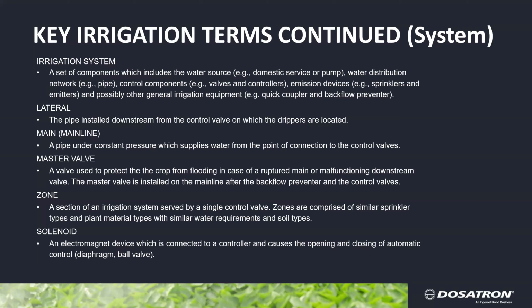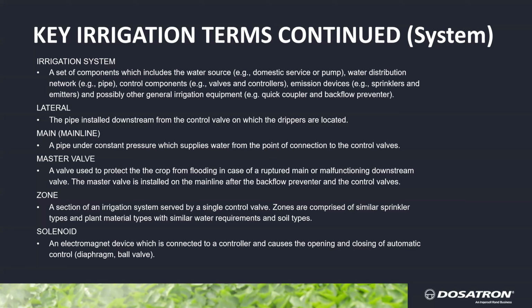Sometimes you might have some other pieces. We have quick couplers, right, where we can tap into our water line at any given time and maybe run a hose, or like a backflow preventer, a device that prevents any dirty water from traveling back into our freshwater source.